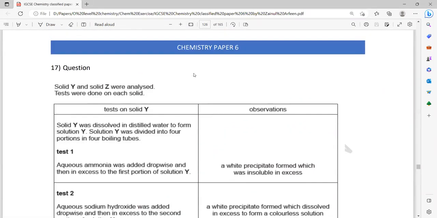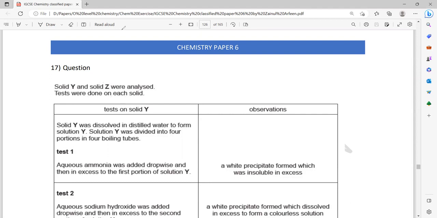So this question is about the analysis, like identification of the ions. Solid Y and Z are analyzed.